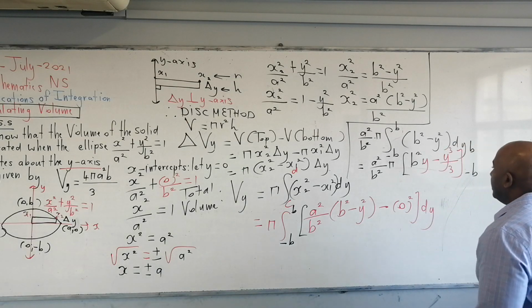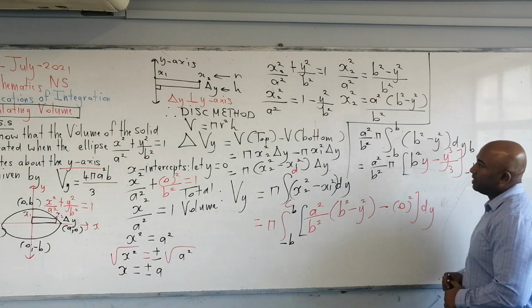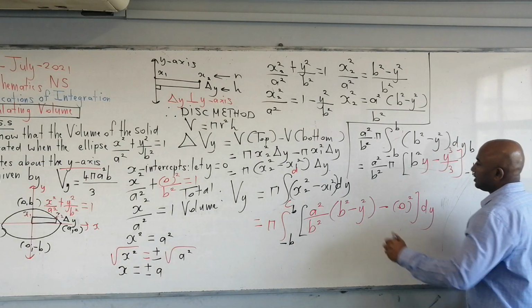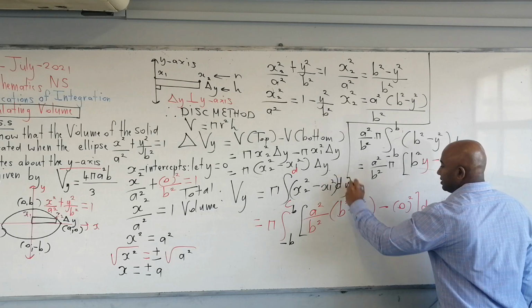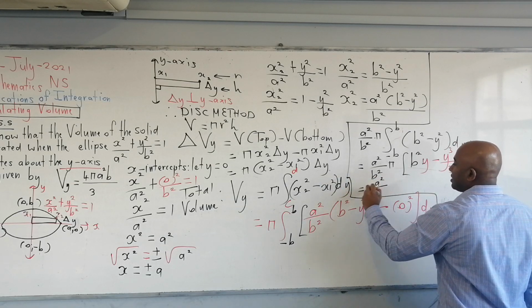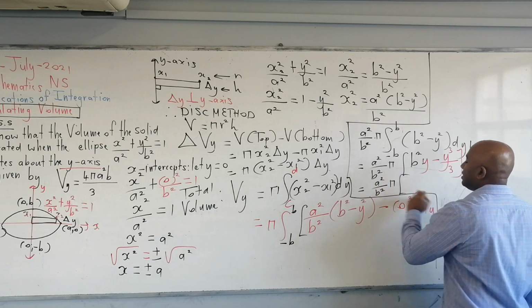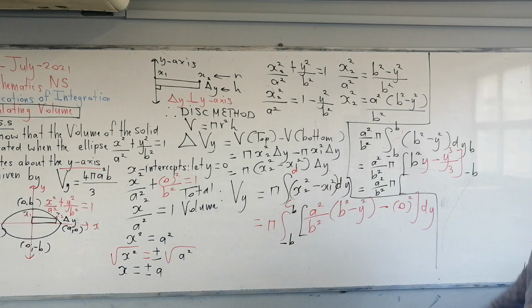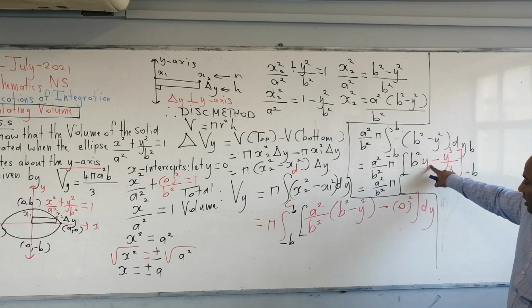Alright. Now let's see what happens when we do the substitution. So now this is equal to a squared over b squared pi. So what am I going to do now? I'm going to substitute b in here.